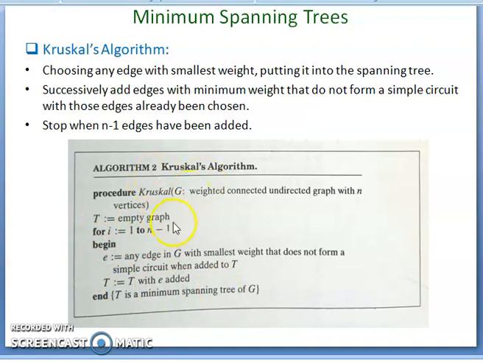Whereas in Kruskal's algorithm, initially T is empty, so the for loop repeats from 1 to n minus 1 times. All n minus 1 edges are considered within this for loop. So the for loop begins.